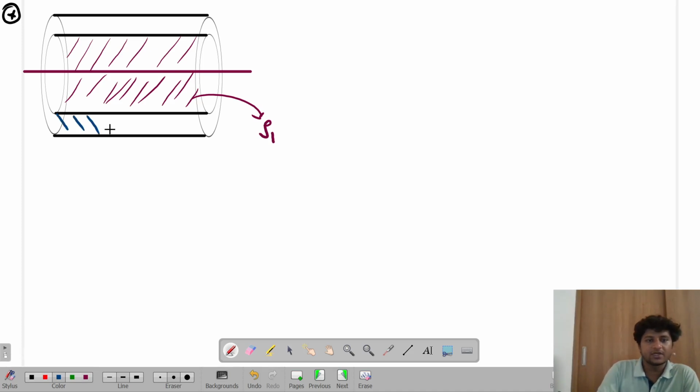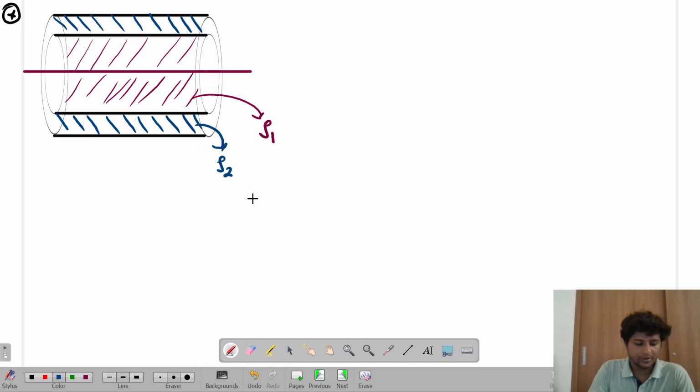Outside region, I fill it up with a different material of resistivity rho 2. Are you able to get me or not? Inner radius is R1 and outer radius is R2.